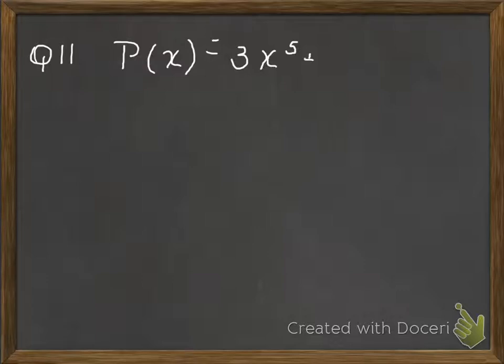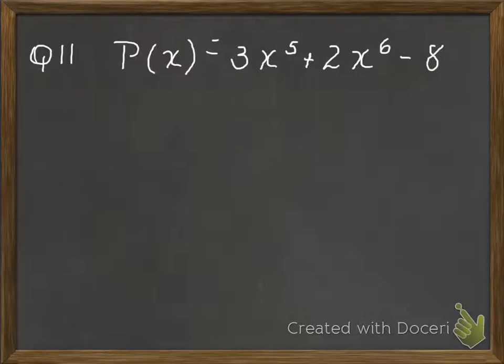Question number 11 says consider p of x, it's a function of x, is equal to 3 times x to the 5th plus 2 times x to the 6th minus 8.